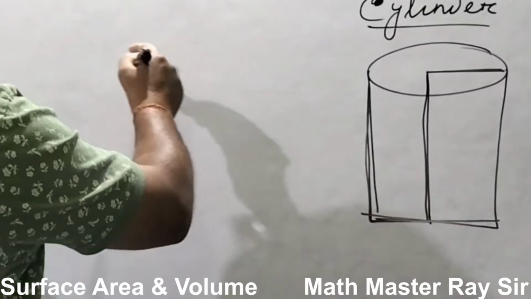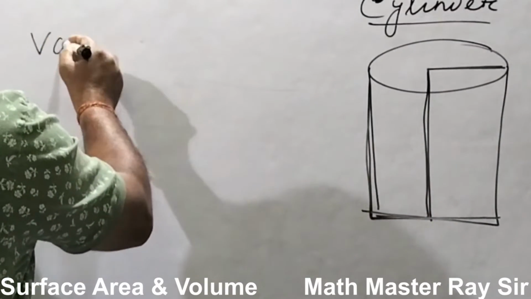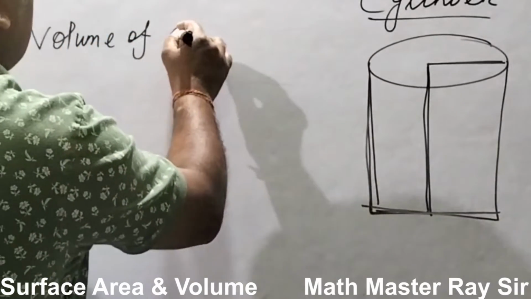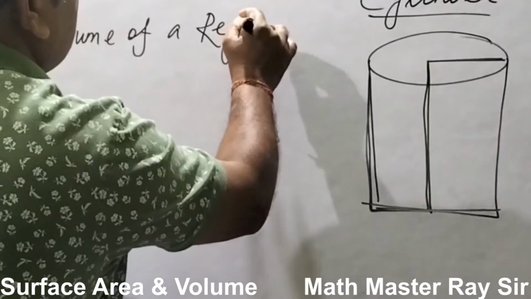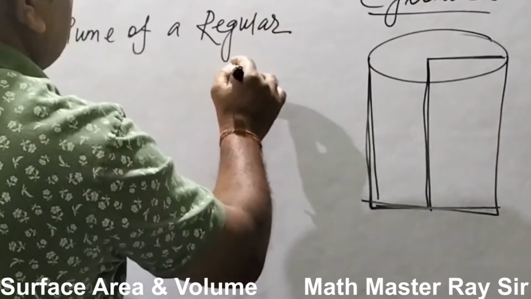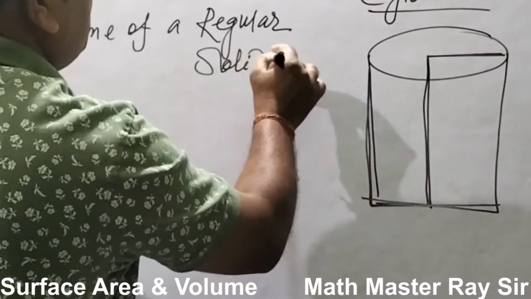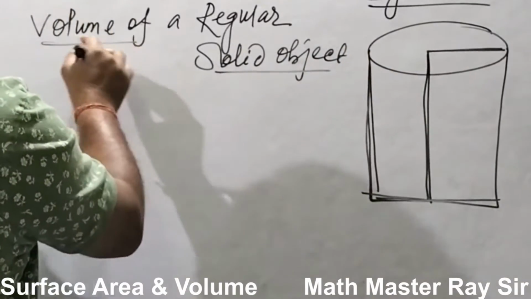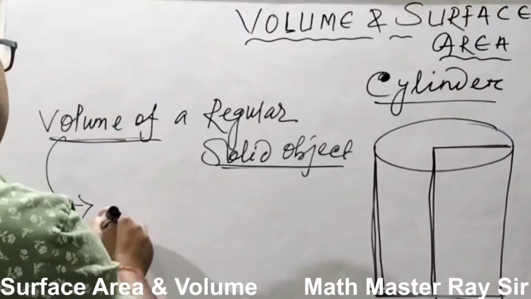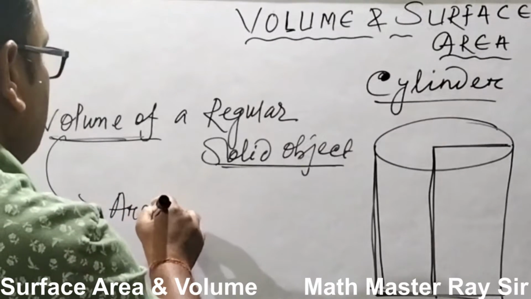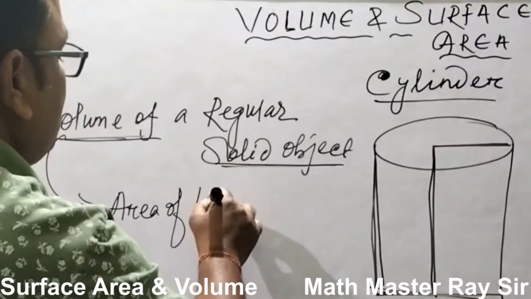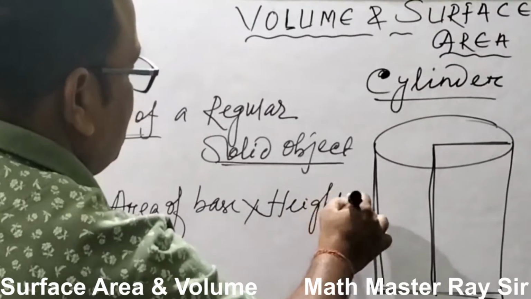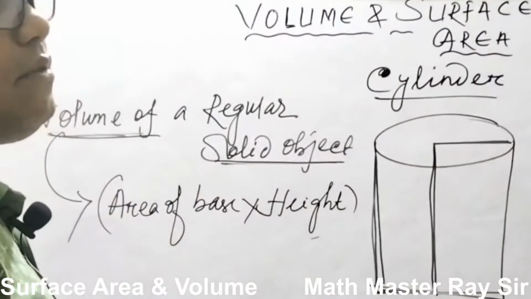To find the volume of a regular solid object, remember, volume will be area of the base into height. Area of the base into height, volume.